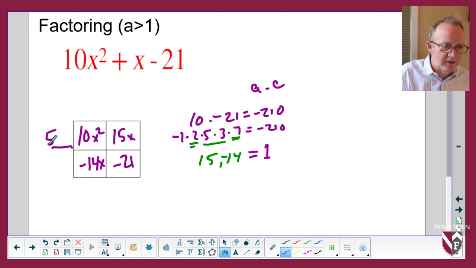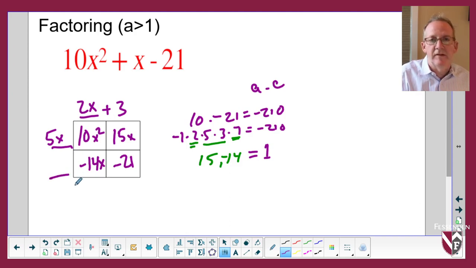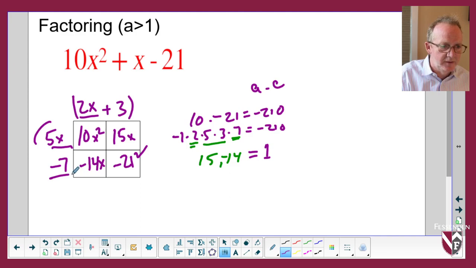Do you guys see that it can be 5x, and we'd fill in 2x, and fill in 3, and say it out loud. What goes here? How about negative 7? And do they multiply to be negative 21? And you can say yes. So now the dimensions of my rectangle are 2x plus 3 times 5x minus 7.